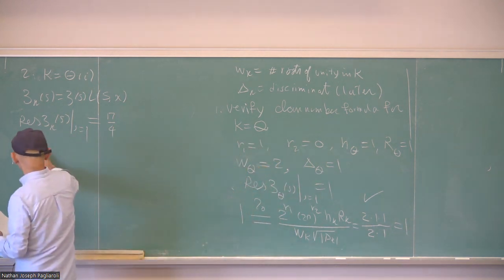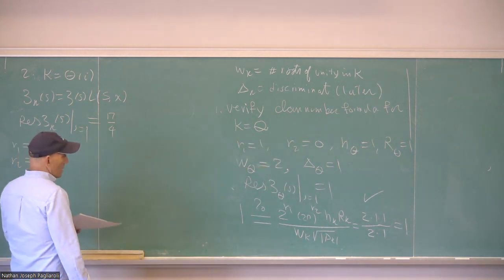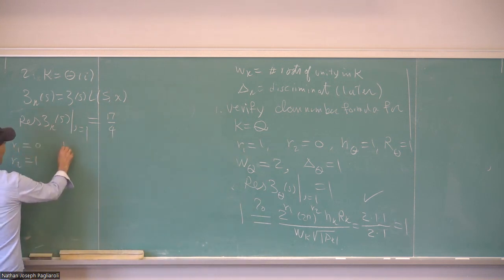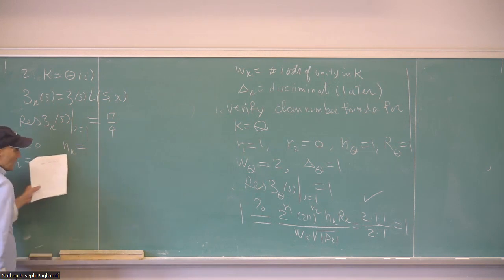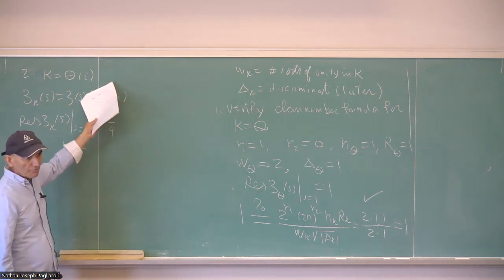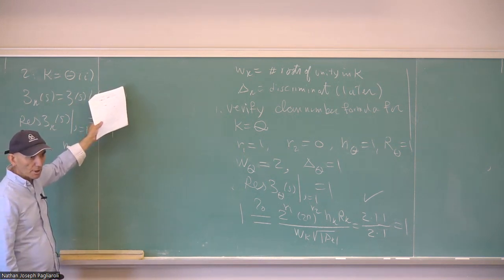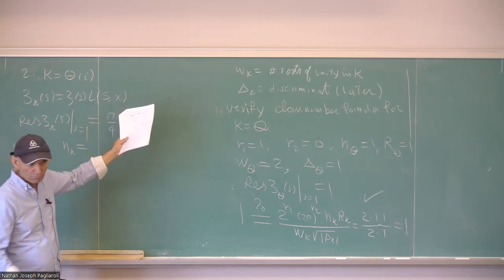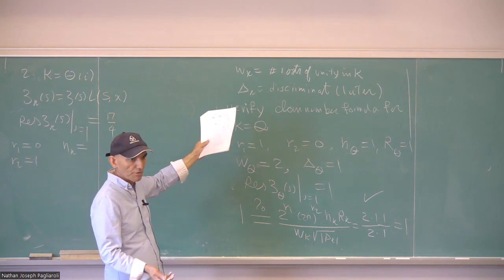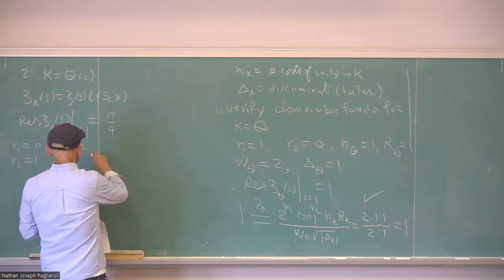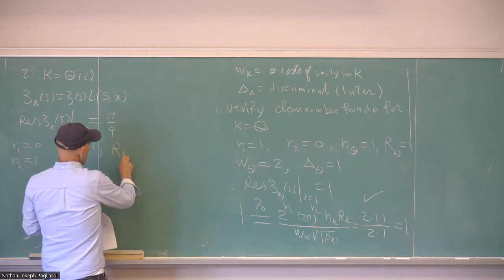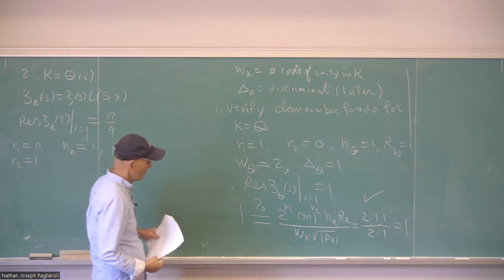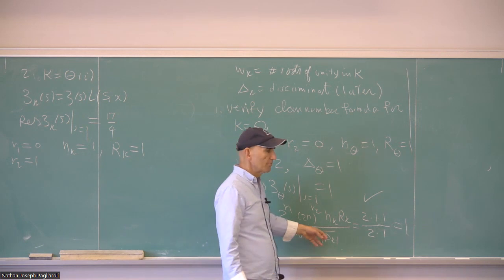So this is 1. Now, HK is equal to 1 because unique factorization holds in Q(i). O_K is a PID, so unique factorization holds. So HK is equal to 1. And I don't calculate it, but I tell you this is also 1. We take it in good faith.